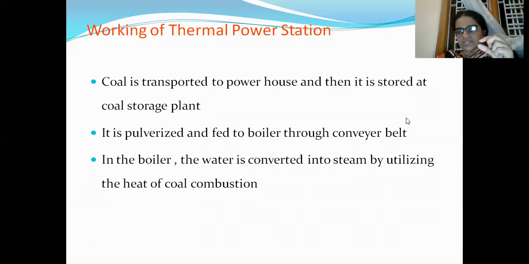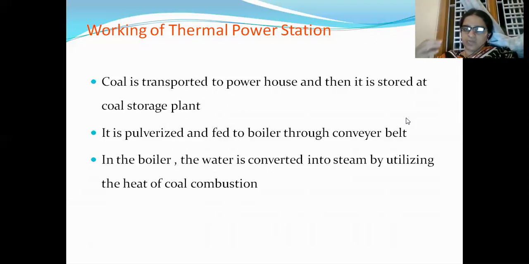The calories liberated by burning the coal will be increased. So we do the pulverization so that the calorific value of the coal will increase. So this is known as pulverization. In order to increase the calorific value of coal, we pulverize the coal.